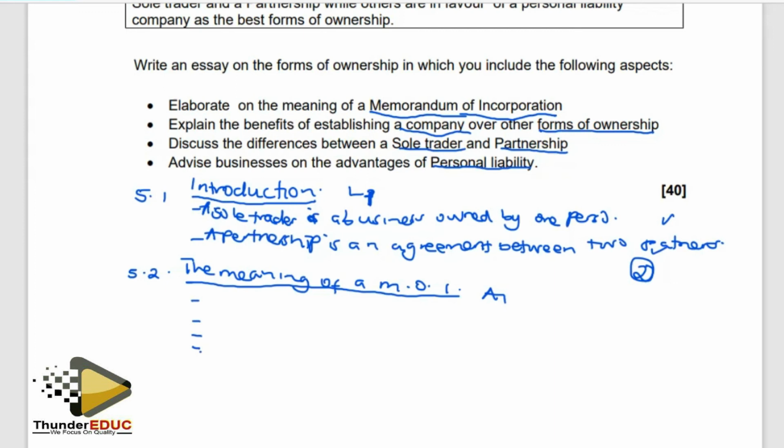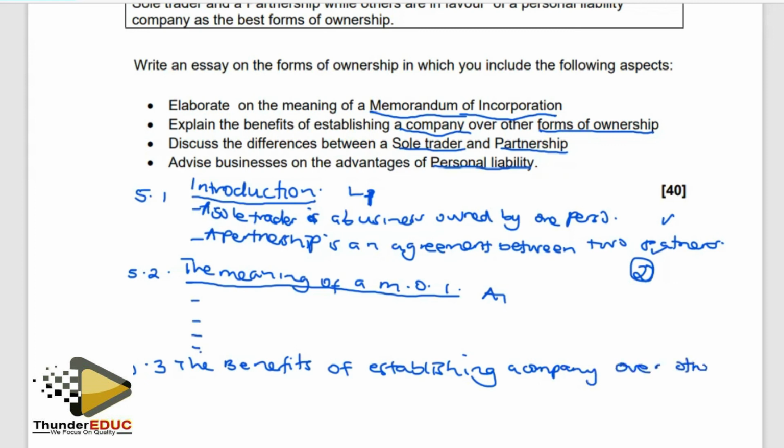So you go to the 5.3 heading, which says the benefits of establishing a company over other forms. Very easy. Other forms of business.